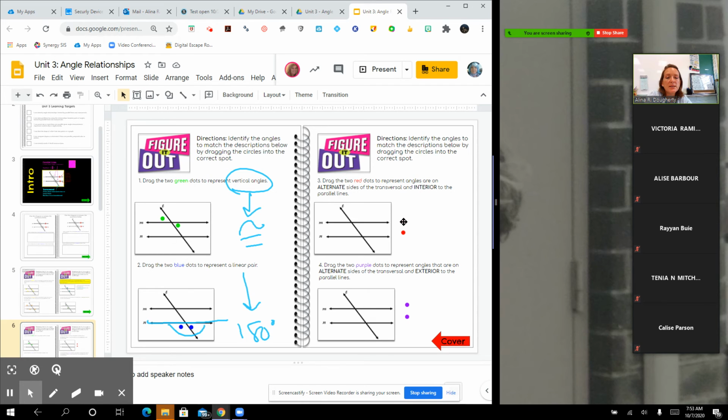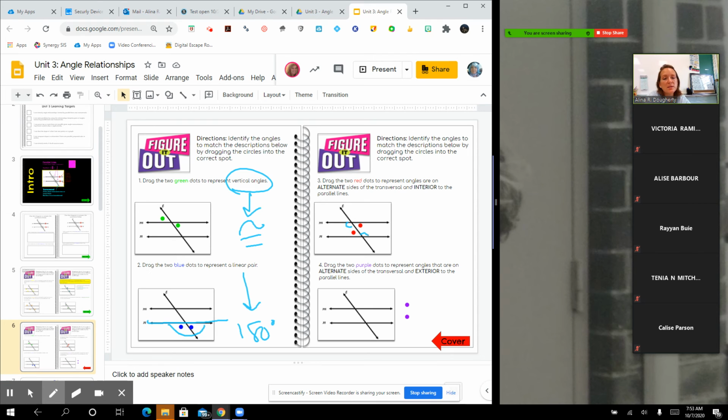Then we've got alternate interior angles. So we need to go to opposite sides of the transversal. And we said interior, so that's inside the parallel lines. Opposite sides of the transversal inside the parallel lines. So I can either put my two dots here, one on the right, one on the left, inside the parallel lines, or we could do these two obtuse angles.